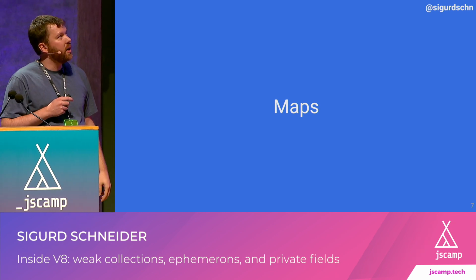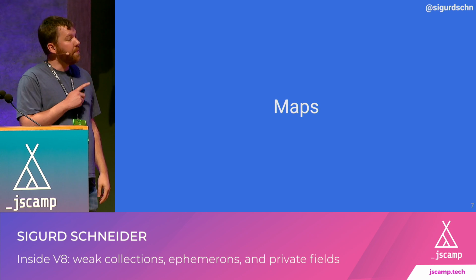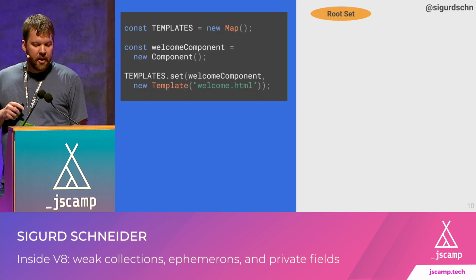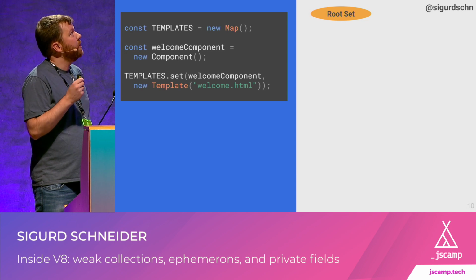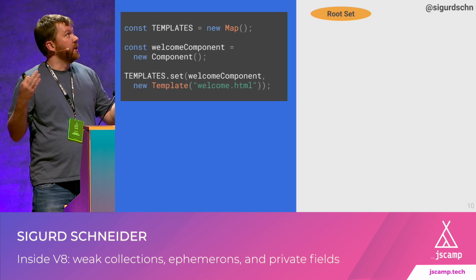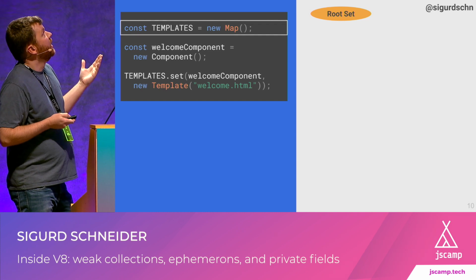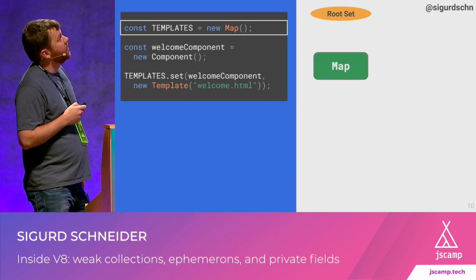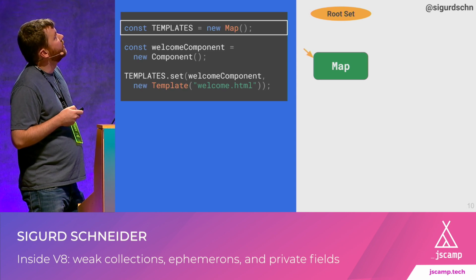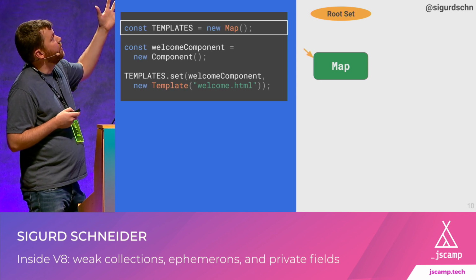So now I want to talk about an example with maps, ES6 maps, that doesn't really work. So think about a website that you have and you show a welcome screen on this website. And for some reason, you have this templates map where you store for each component you have on the website the template.